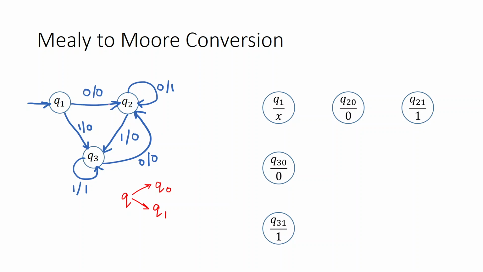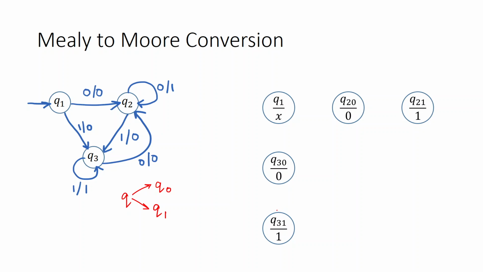But if the incoming arrows have both the outputs, so in one of the arrows there is 0, in another arrow there is 1, that means this state has to be divided into two states, Q2 0 and Q2 1. That is what we have done here. You see Q2 0 associated with the 0 output. This you can readily do. Q2 1 associated with 1 output. Similarly, Q3 is divided into Q3 0 and Q3 1, and the outputs are associated immediately.